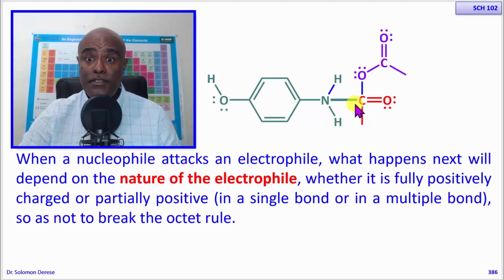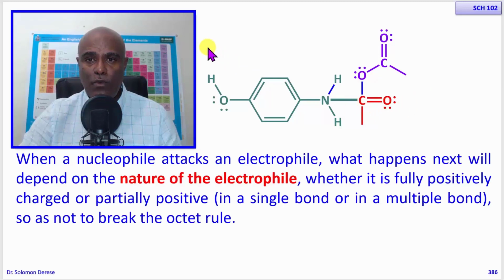When it is partially positively charged, it also depends on whether this electrophile is bonded through a double bond, as in the case of acetic anhydride, or through a single bond. So we are going to see 3 scenarios. The first scenario is when this is positive.